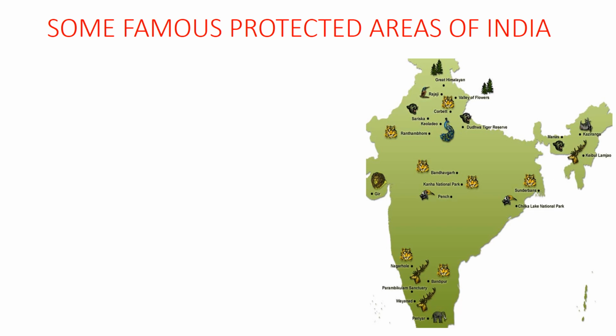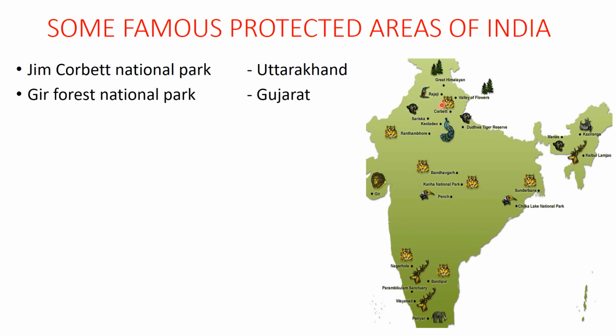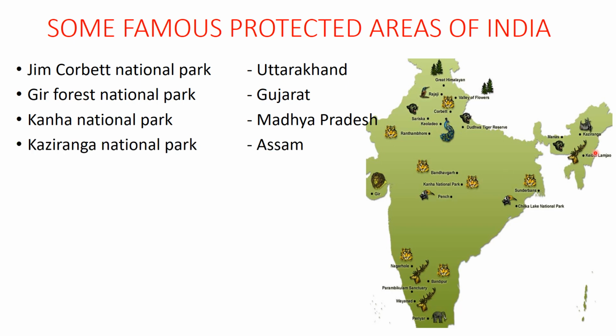Let's begin with Jim Corbett National Park, which is situated in Uttarakhand. Next, Gir Forest National Park is situated in Gujarat. Next, Kanha National Park, it is situated in Madhya Pradesh. Kaziranga National Park is situated in Assam.